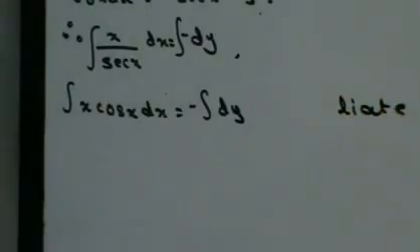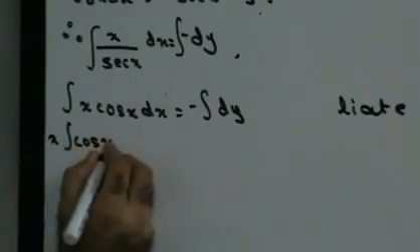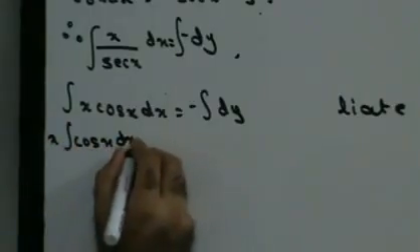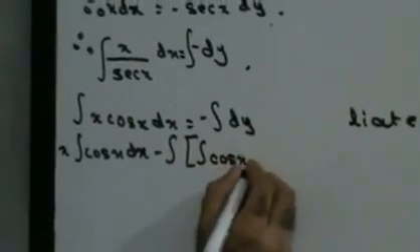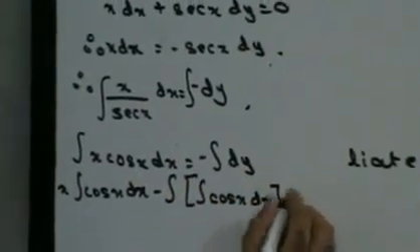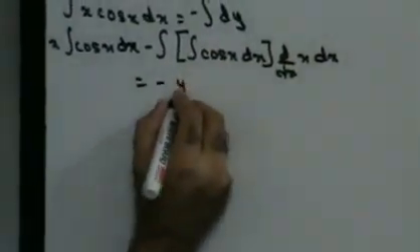Algebraic comes before trigo. So u integral of v minus integral of v derivative of u dx is equal to minus integral of dy, which is y.